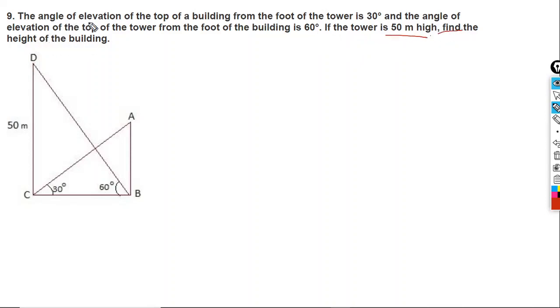Again, read: the angle of elevation of the top of a building from the foot of a tower is 30 degrees. So this is the tower, the foot of the tower is C, and the building is AB.